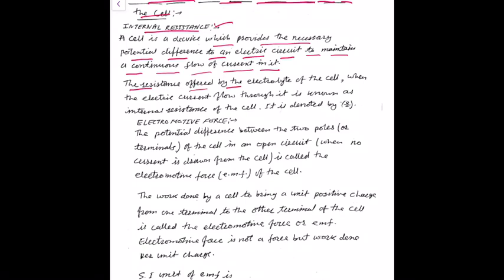The resistance offered by electrolyte of cell when the electric current flows through it is known as internal resistance of the cell. It is denoted by small r.